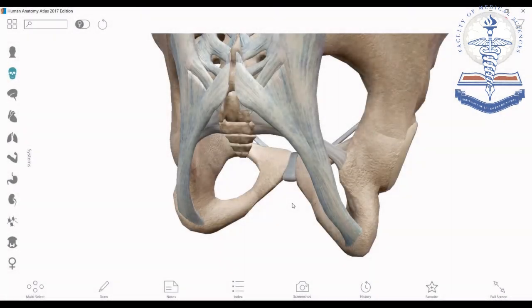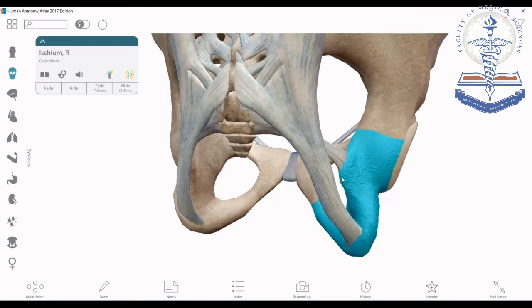Let's have a look at the pelvic outlet. We divide it into the anatomical pelvic outlet and the obstetric pelvic outlet. The obstetric pelvic outlet is an imaginary plane starting at the pubic symphysis, with the ischial spines on either side, and posteriorly the fifth sacral vertebra.